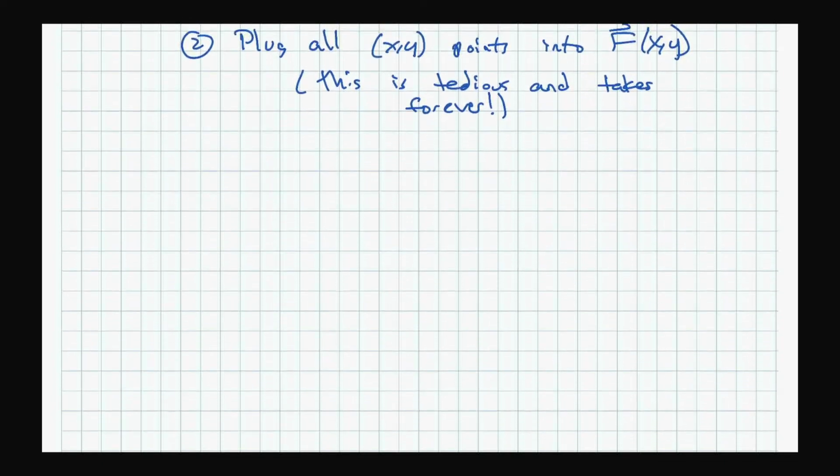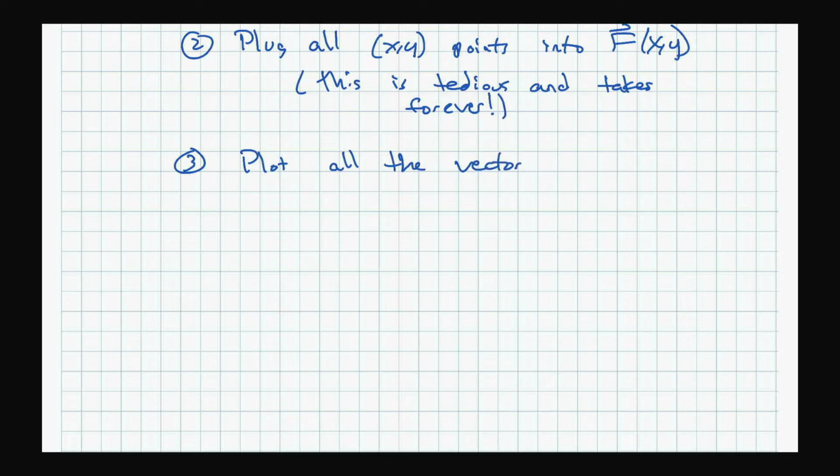But that's what you would have to do. And then after you do that, you would go back on your plot, and at every point you would plot the vector at that point. So plot all the vectors you find in step 2 on your plot from step 1.